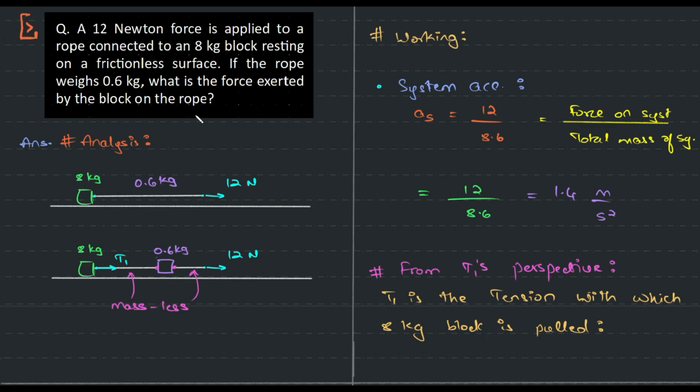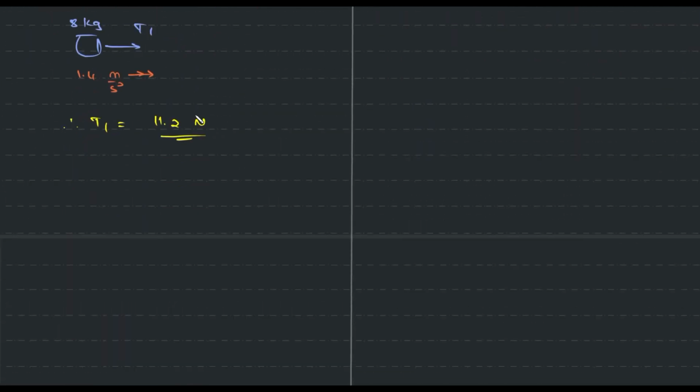What is the force exerted by the block on the rope? From here, we can imply that the force exerted by the block on the rope is 11.2 Newton, by Newton's third law, to the left actually. So let me write that. To the left or opposite.